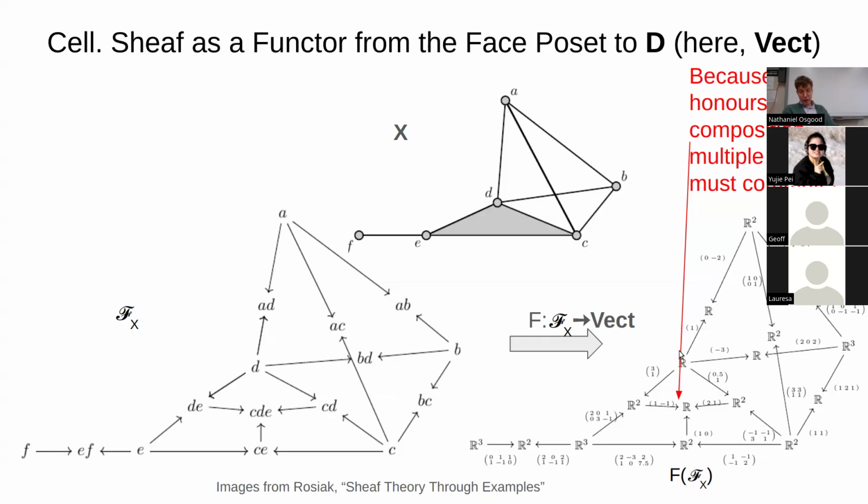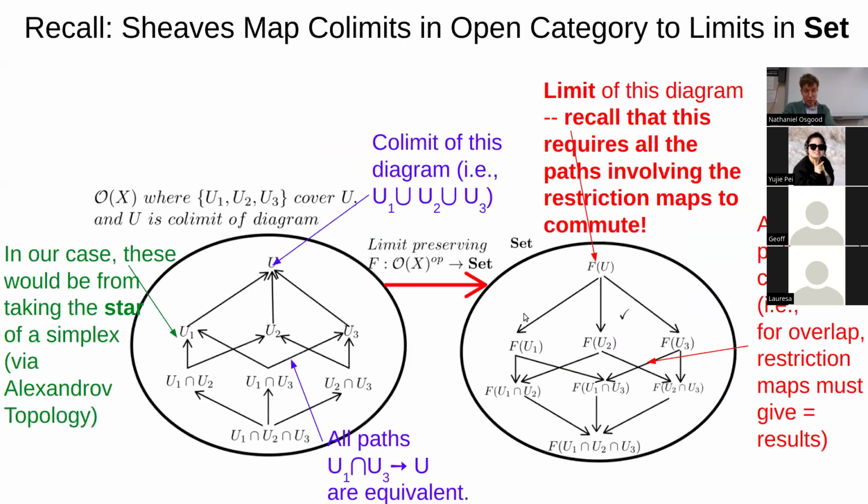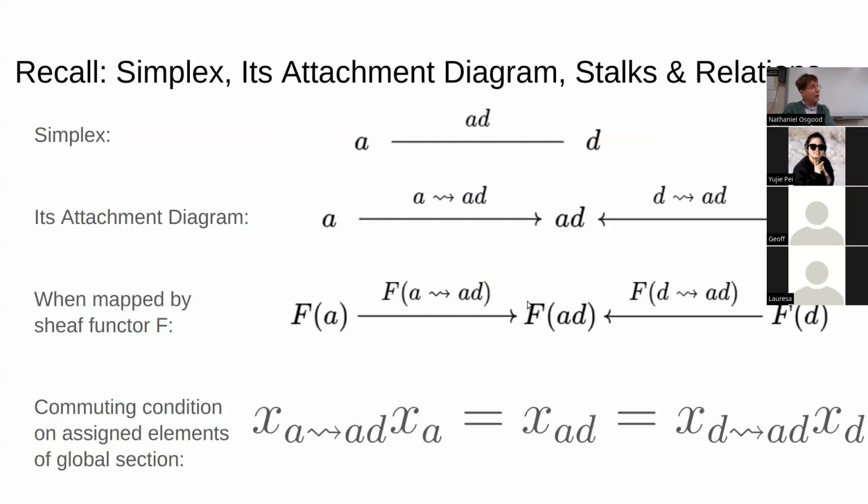D is translated to a vector space of dimension 1. Maybe CD is translated to a vector space of dimension 2. This is the result of mapping it over. And what's important is that it doesn't just map these over, each of these simplices, it maps the attachments between them. Remember, we saw that here, right? It maps the attachments between them.